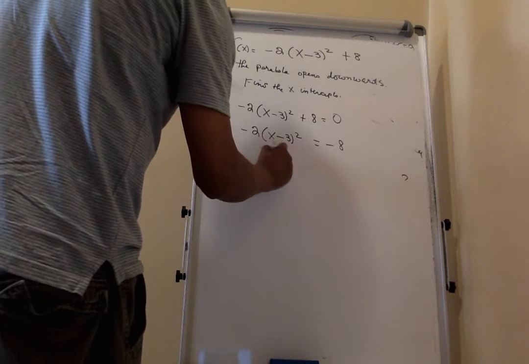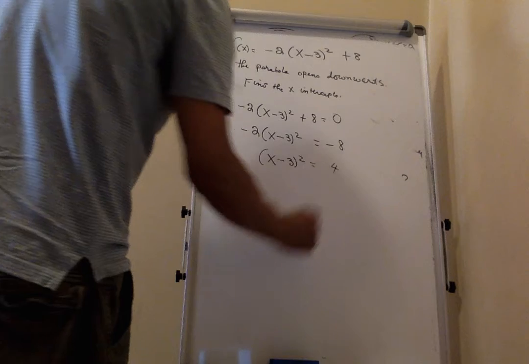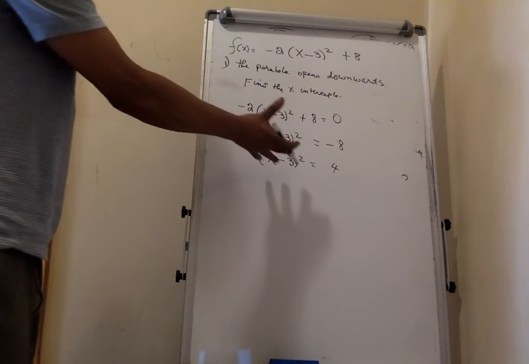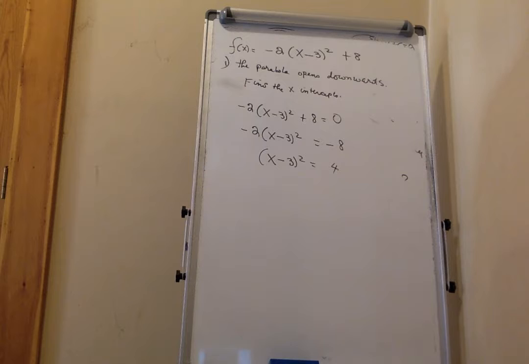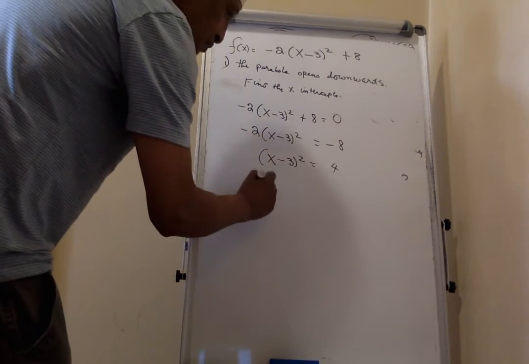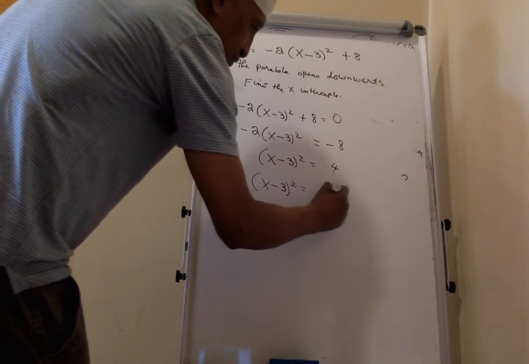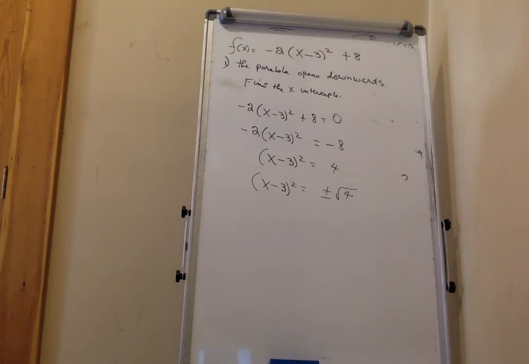So you would end up with (x - 3)² is 4. Now, you can do it either way. You can expand this by using FOIL, but you can also do x - 3 is equal to plus or minus the square root of 4. This might be the shortcut, but it doesn't matter.